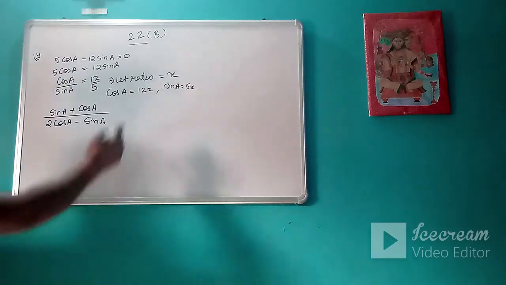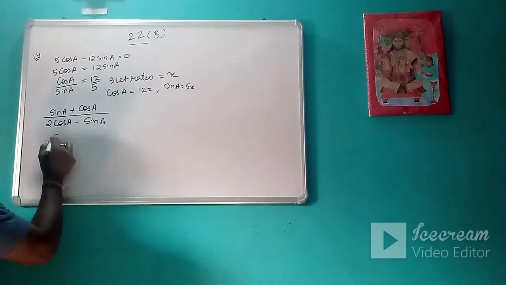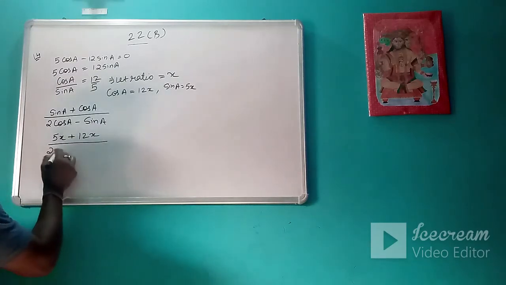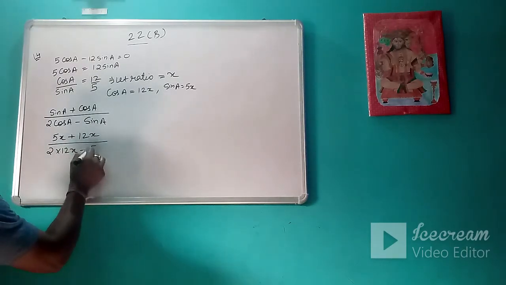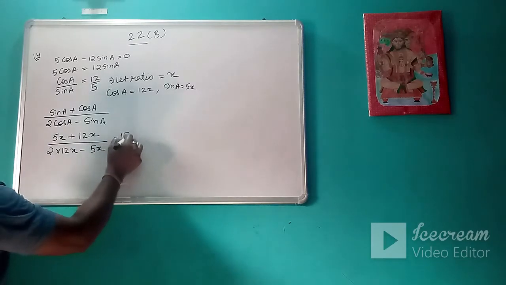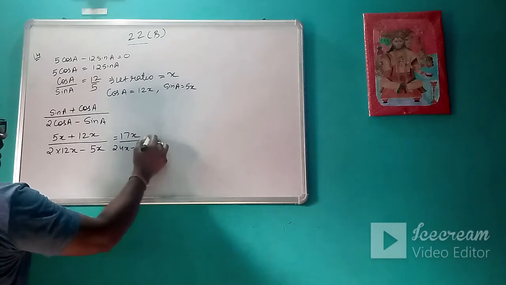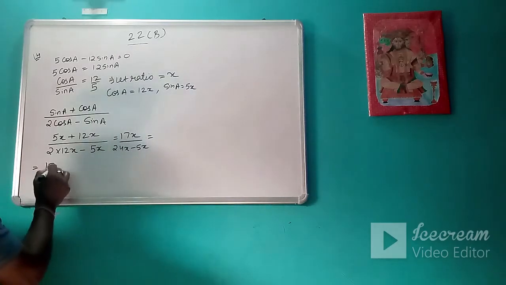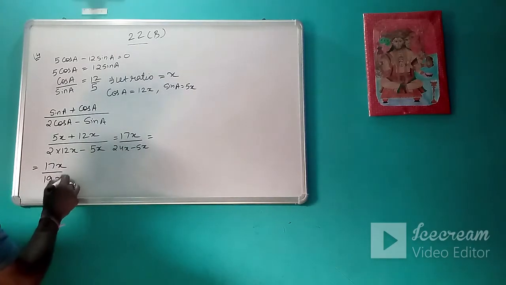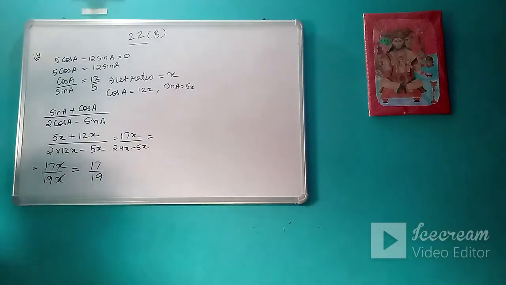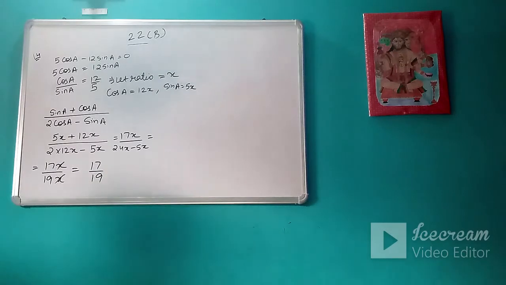Then put the values. What is sin A? 5x. What is cos A? 12x. So it is 17x upon 2 into 12x minus 5x, or 17x upon 24x minus 5x, or 17x upon 19x, and cancel. You will get 17 upon 19. Okay, this is how you can solve questions like this which are given like this.